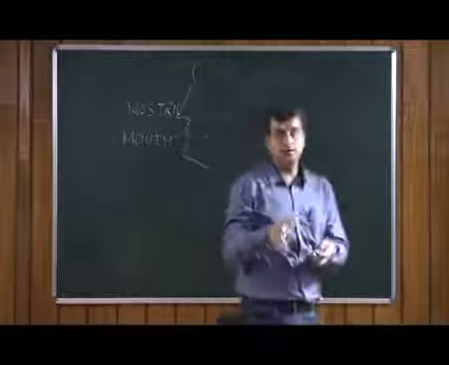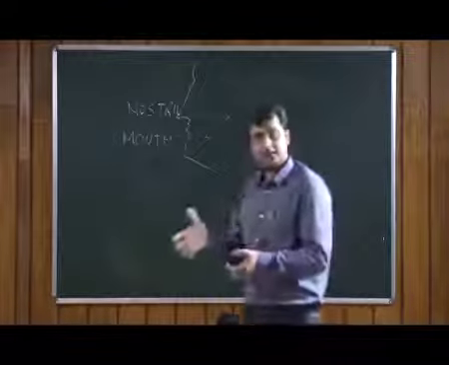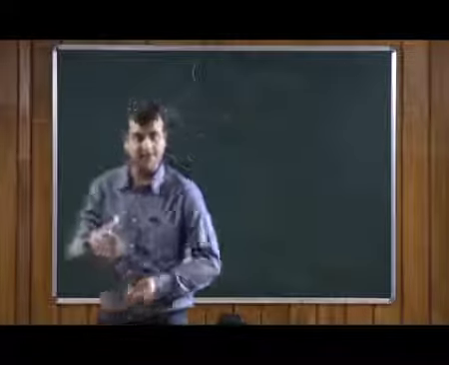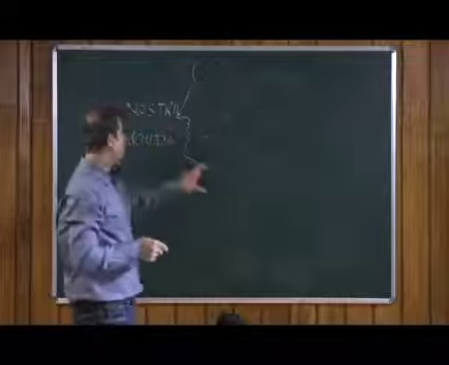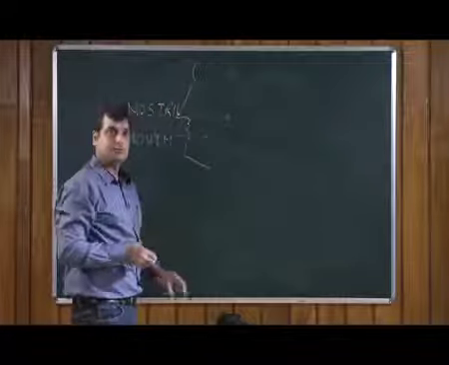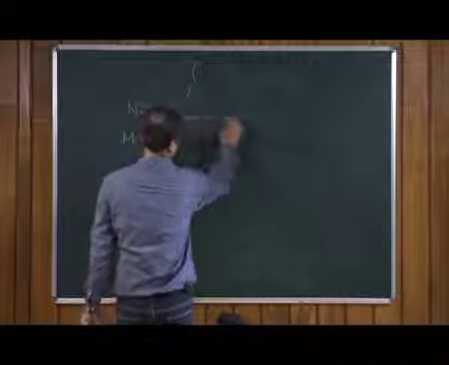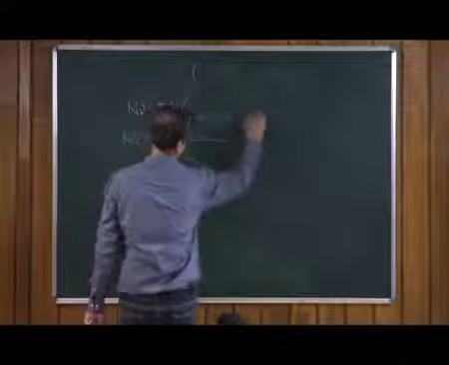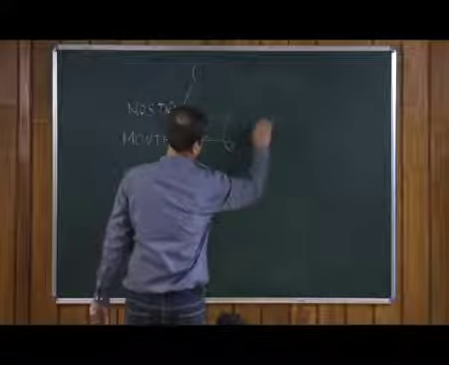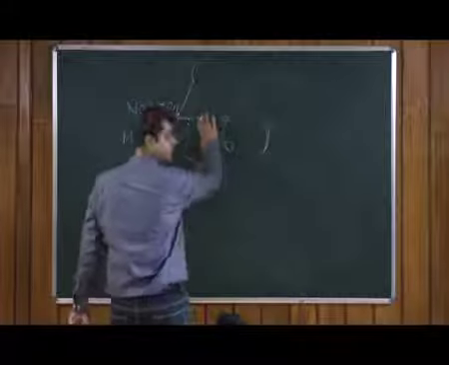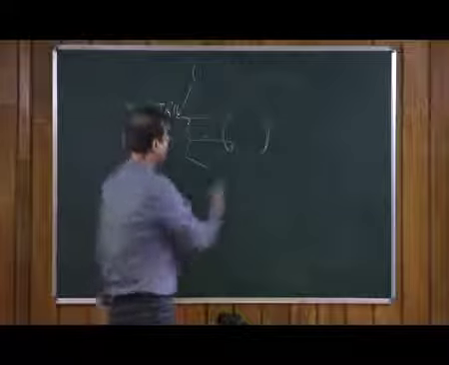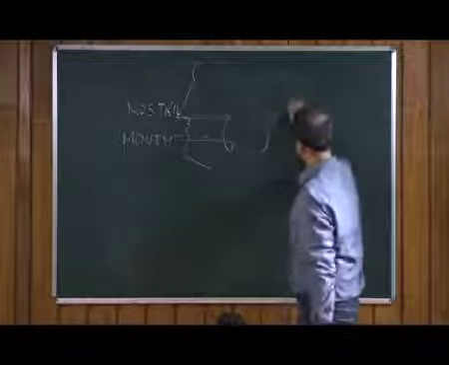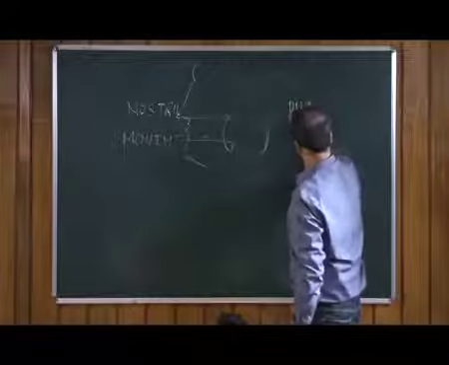The normal air, a mixture of oxygen, nitrogen, carbon dioxide and other gases, enters the body through either the nostril or the mouth. There is a common passage available in this particular area, common for both nostril and mouth, and this area is called the pharynx.